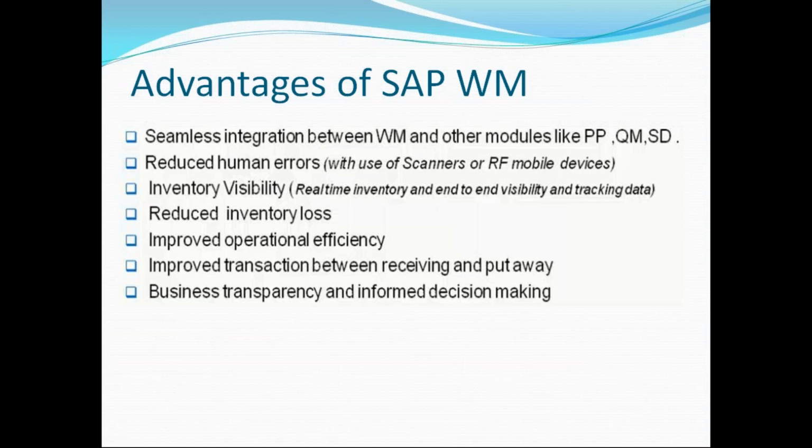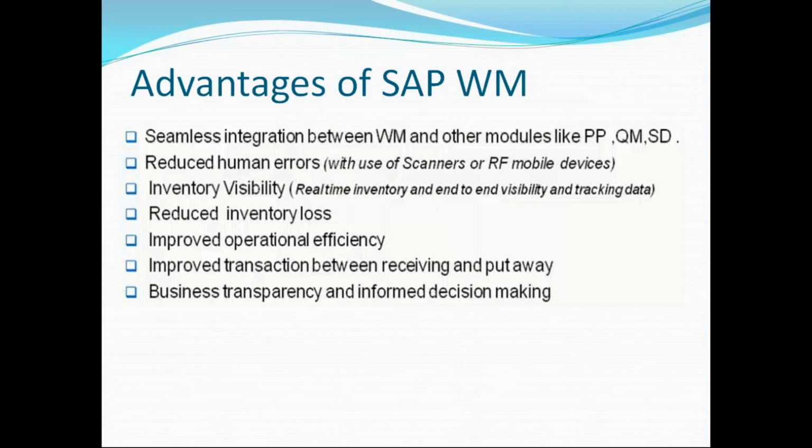Reduced human errors. In warehouse management, we basically use RF mobile devices for most of the transactions. So human errors are reduced to a larger extent. I'll explain it in a better way.